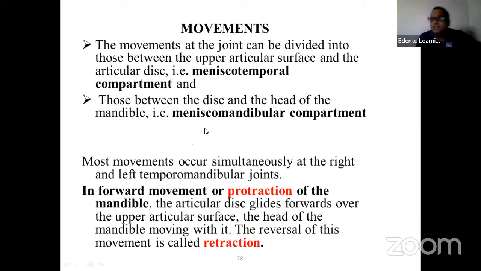So the movements: articular disc, above is temporal bone, below is mandible. So the upper part is called meniscotemporal compartment, and the lower one is called meniscomandibular, because the mandible is below and the upper is temporal bone. Forward movement is called protraction.